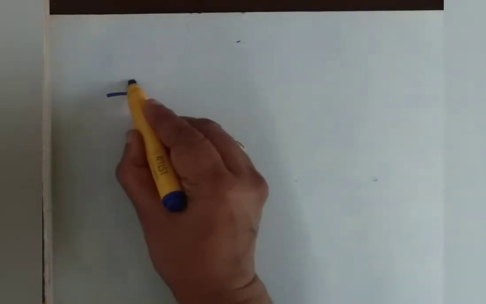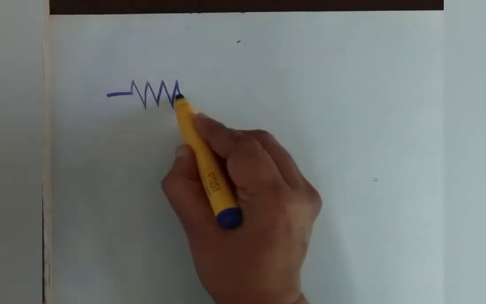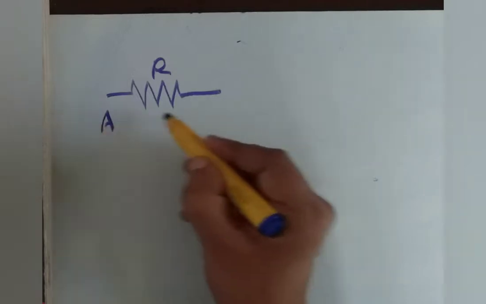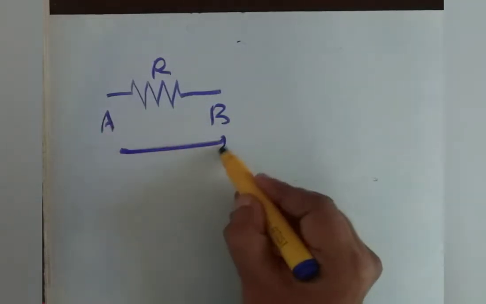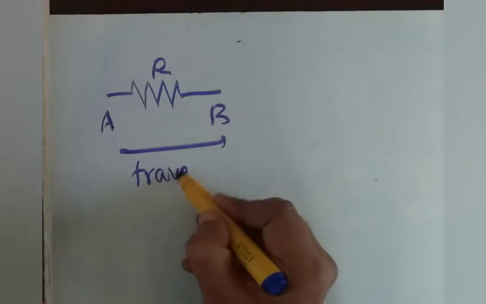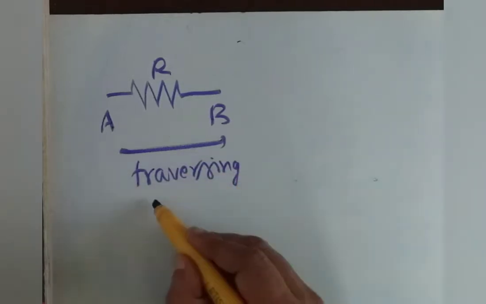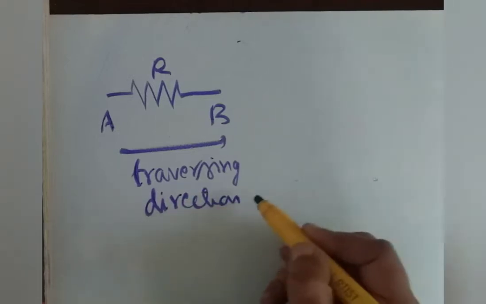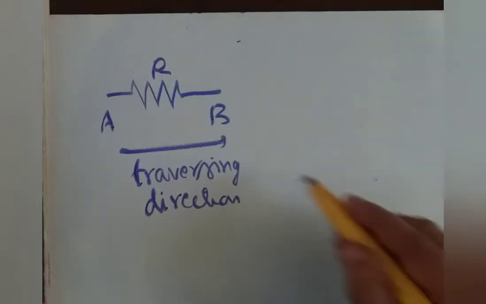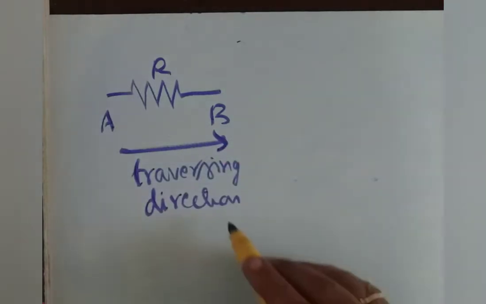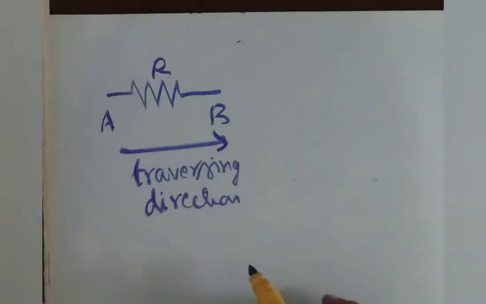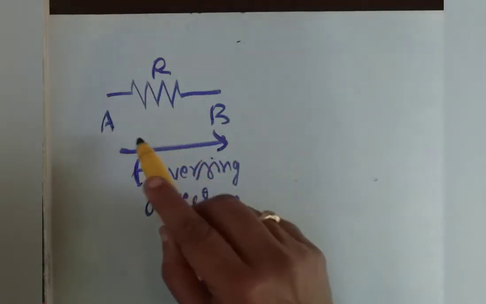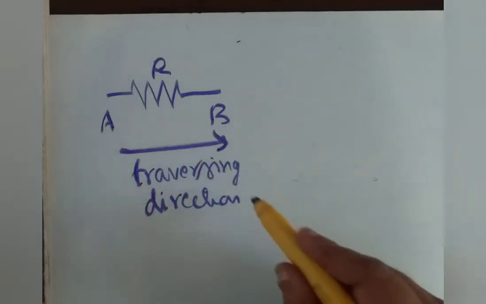Observe in a circuit, if we have a resistance, we look at it from A to B. We call it the traversing direction, the direction in which we look into the network. It may be clockwise or anti-clockwise. But in this figure, we look into this R from A to B.